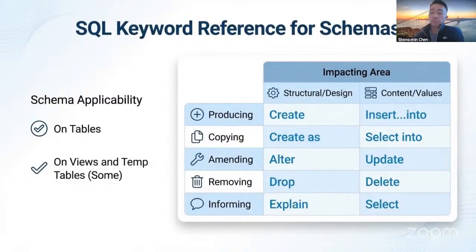Most of them are structure and design impacts, so most of them are DDLs. On the left-hand side, these keywords are DDLs because they are more about structure and changes to the design of a table or a schema, sorry. On the right-hand side, they touch the content, the constituent and the actual values, so they are likely categorized as DML.